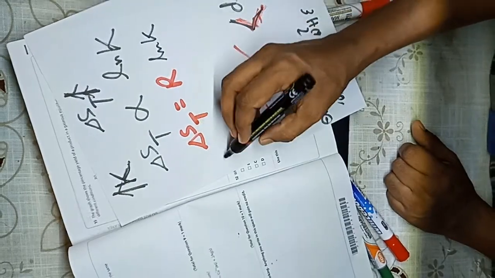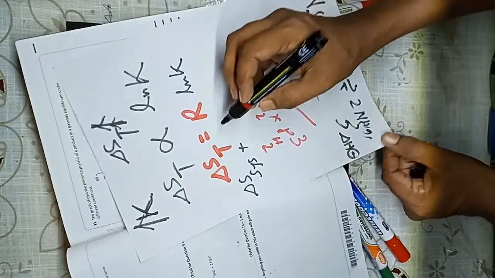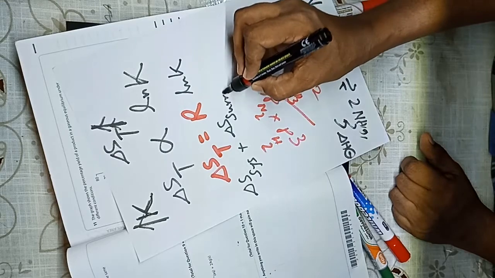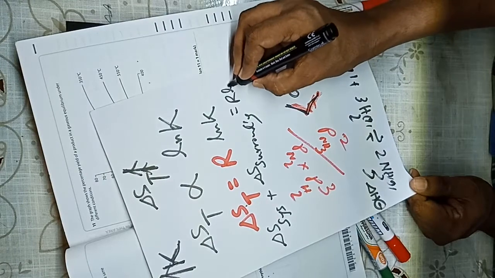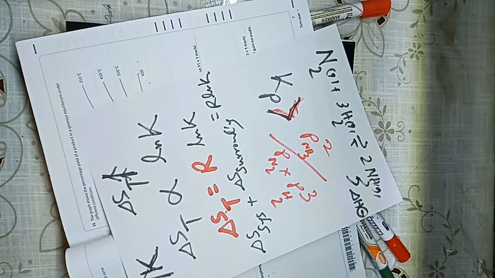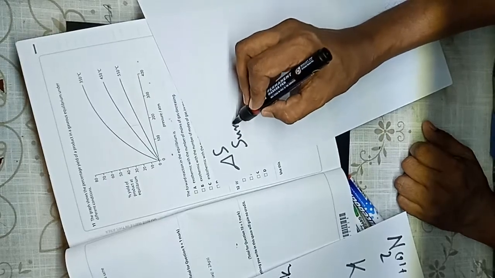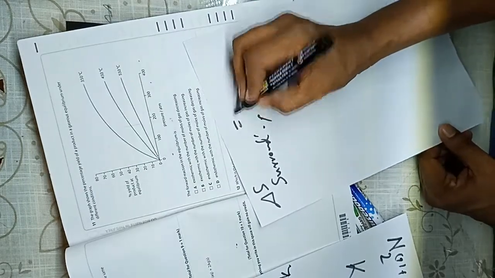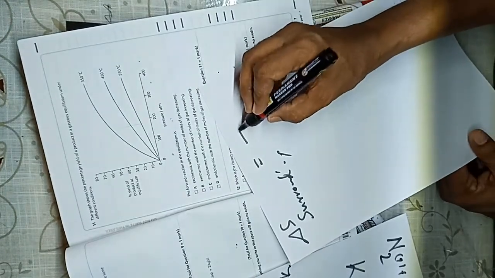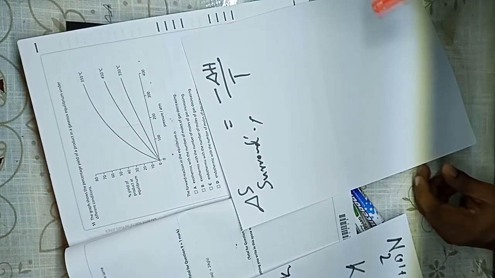Again, I am going to substitute here: delta S system plus delta S surrounding equals delta S total, again equals R ln K. Now delta S surrounding equals minus delta H over T. We'll see the relationship here.